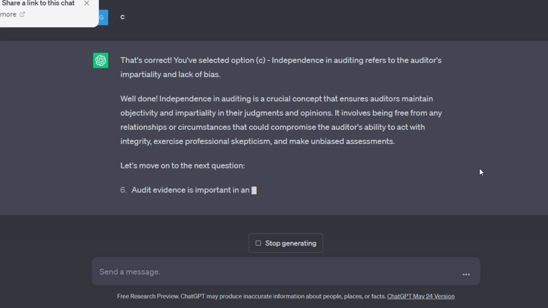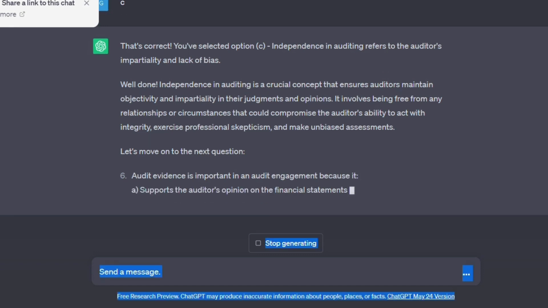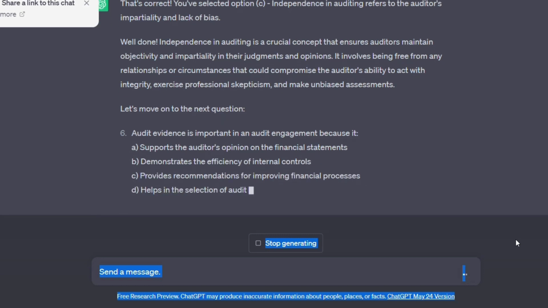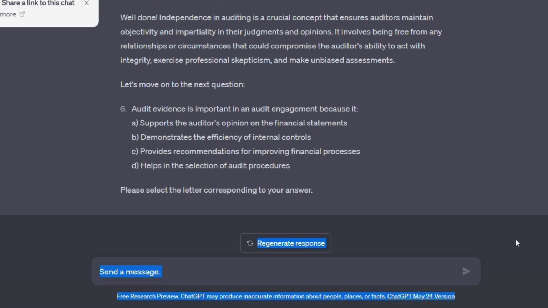Audit evidence is important in an audit engagement because it supports the auditor's opinion on the financial statements, yes, but never answer without reading all the options first. Demonstrates the efficiency of internal controls. Nope. Provides recommendation for improving financial processes.